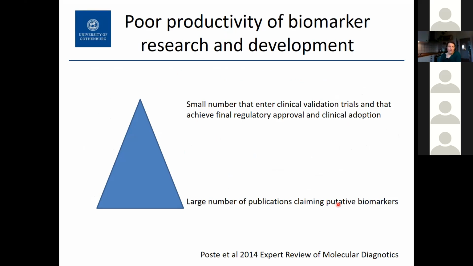So you have a large number of publications claiming putative biomarkers. You see them every week. Protein A, microRNA B, or whatever is a biomarker for disease C. But very, very few, a small number, actually enter clinical validation trials that achieve final regulatory approval and clinical adoption.